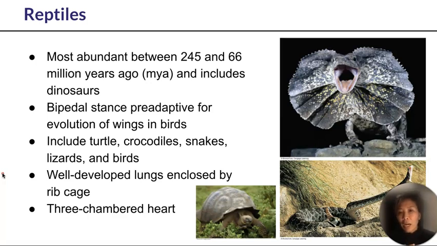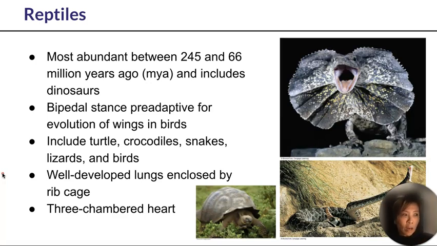They have, at this point, well-developed lungs to be able to adapt to living on the land and being able to have respiration, and that's going to be enclosed in the rib cage. Additionally, they tend to have 3-chambered hearts that is going to help them again with being able to get the oxygen to different parts of their body, that whole circulatory system.